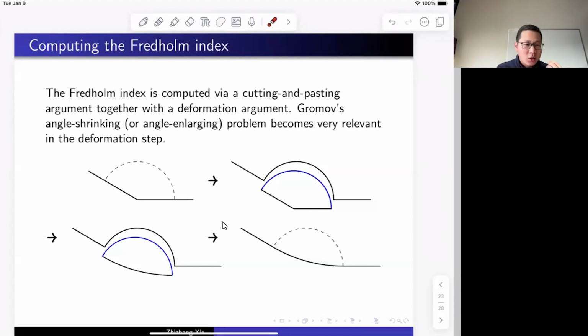Okay, so this is the typical situation. We want to compute on a manifold with some corner structures, or polyhedral corner structures, and in fact, we don't know how to compute the Fredholm index directly when you have a corner structure like this.